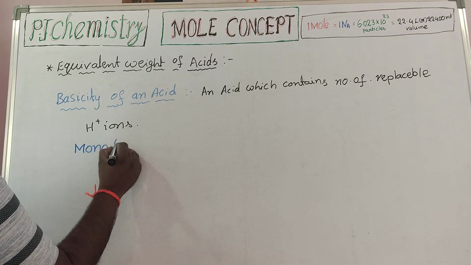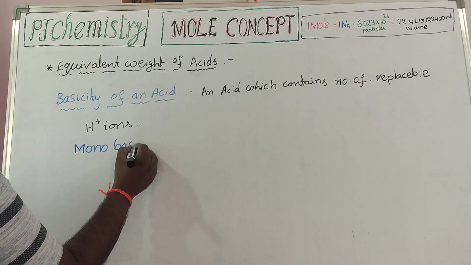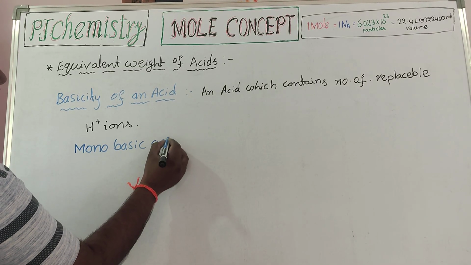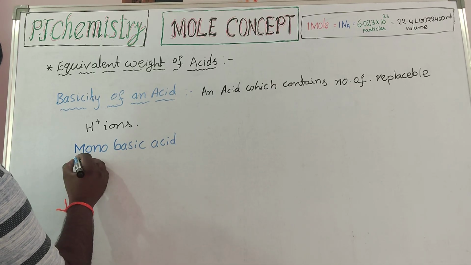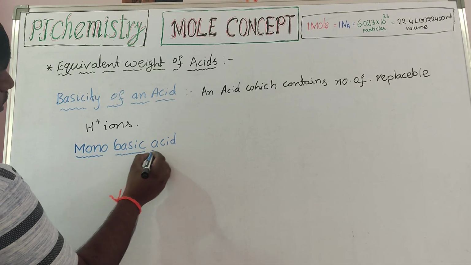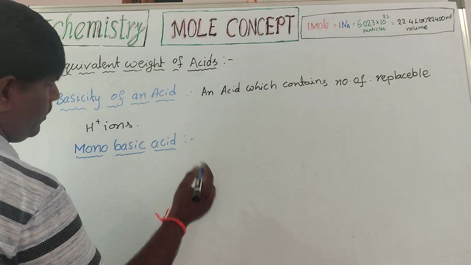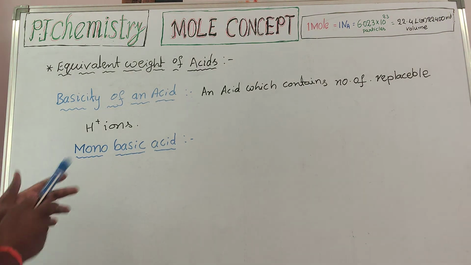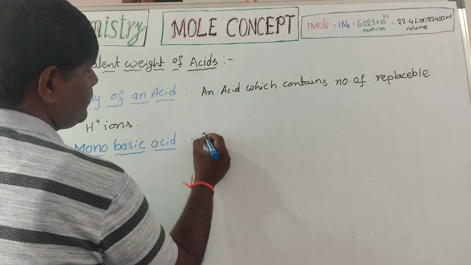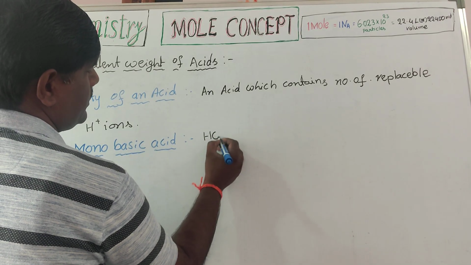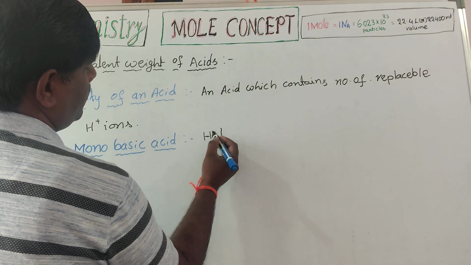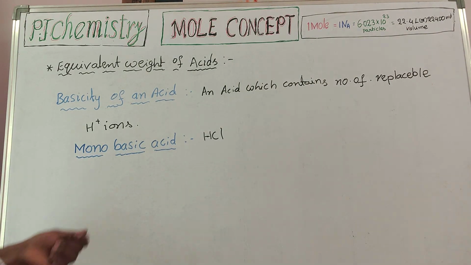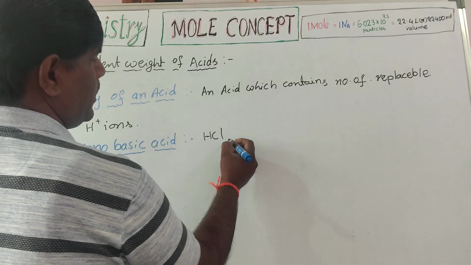I'll give some examples for monobasic acid, then we'll go to dibasic and tribasic. Monobasic acid, for example HCl. It contains one replaceable hydrogen ion, so directly we can say monobasic acid, one H+.